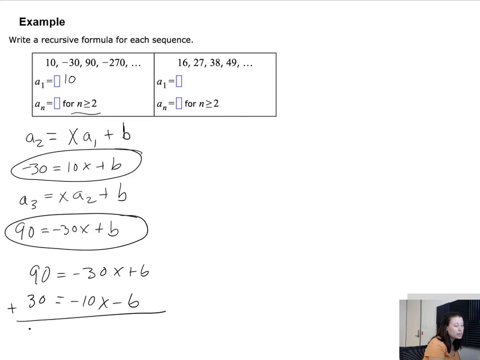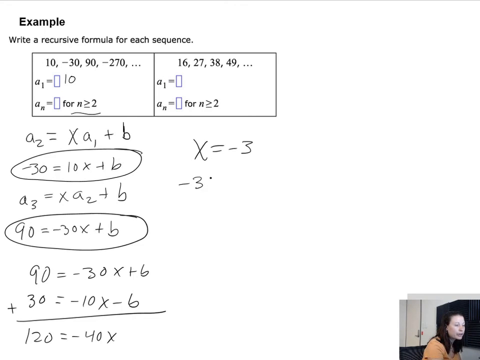So 90 and 30 is 120 is equal to negative 30x and negative 10x is negative 40x. b and minus b is 0b. So then x would be equal to negative 3.